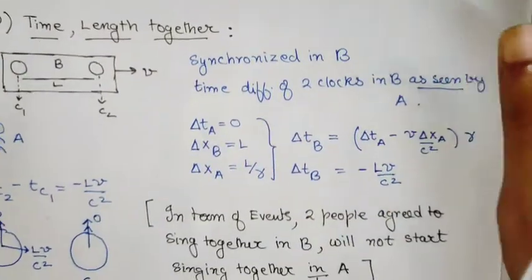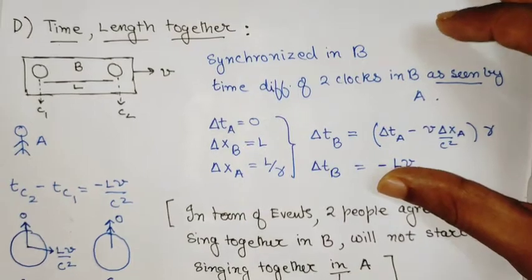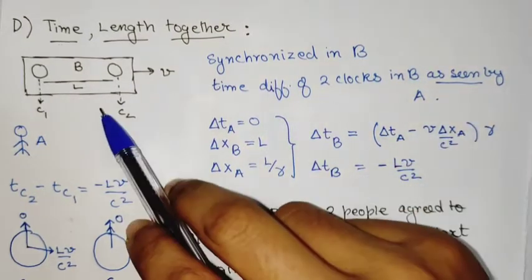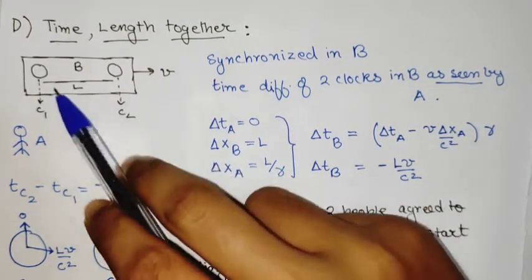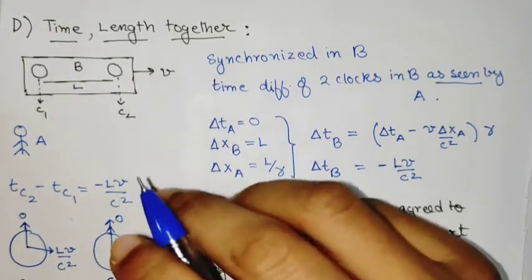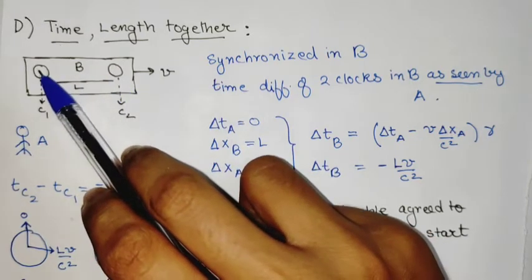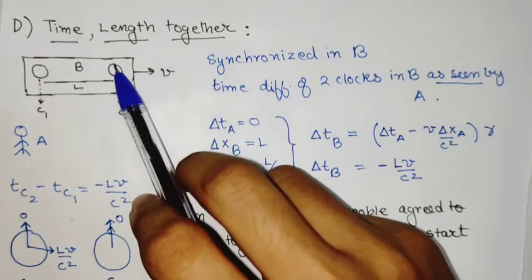Now we will try to look at both time dilation and length contraction together. Suppose we have a train. The train has two clocks separated by a distance L, and these two clocks are synchronized in the train.